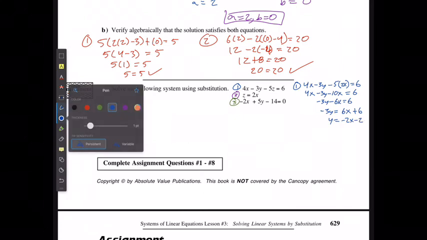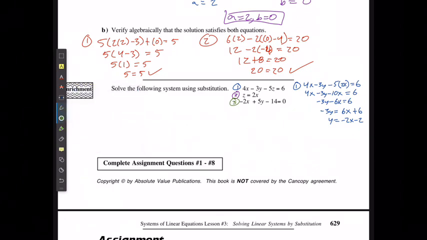I'm going to put that value of y into equation 3. Negative 2x plus 5, negative 2x minus 2 minus 14 is equal to 0. And now I have my first equation with just one variable.